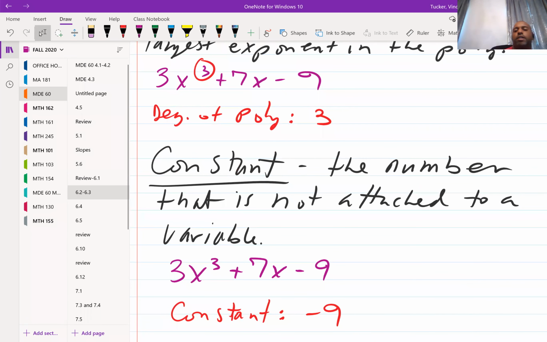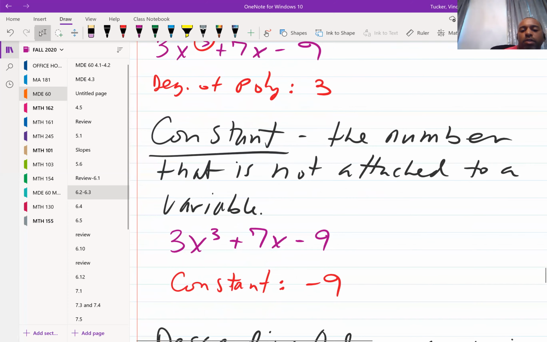All right, constant, the number that's not attached to a variable. That's just that negative 9, that minus 9. Any questions?